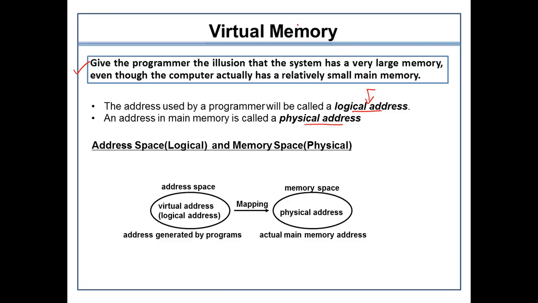Whenever the concept of virtual memory is used, we always need a mapping procedure. We need to map the data of the logical address into the physical address. So now we are going to focus on these mapping techniques or procedures that we use in virtual memory.